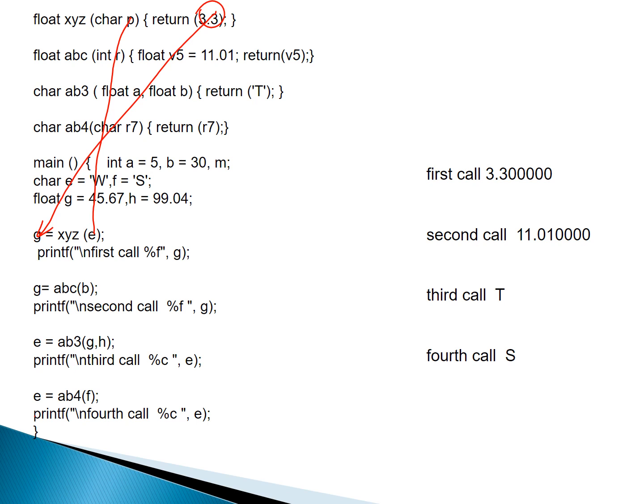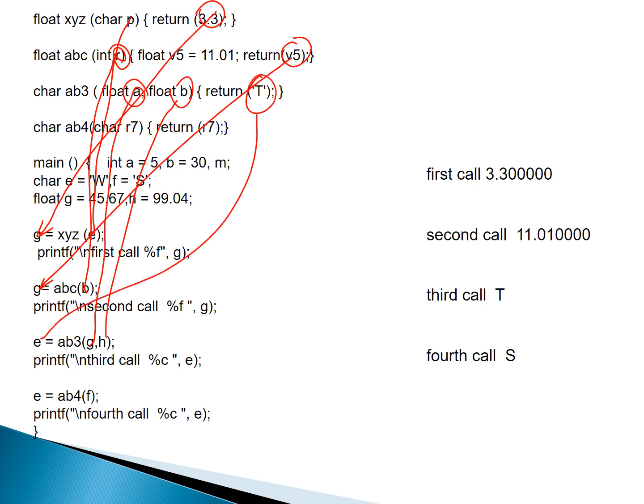Similarly, the value of b will come to r, and this v5 will come to g. Similarly, g will go to a, and h will go to b, and this t will come to e, and the value of f will go to r7, and this r7 will be returned and saved, and these are the outputs.